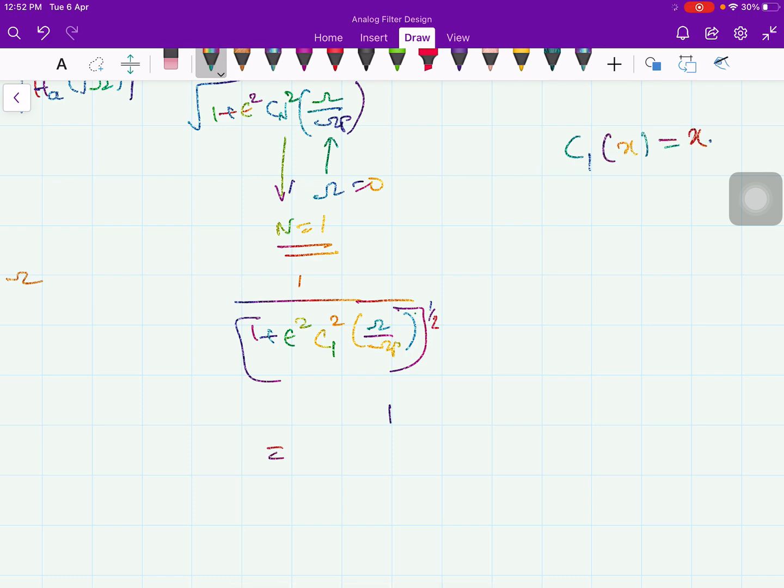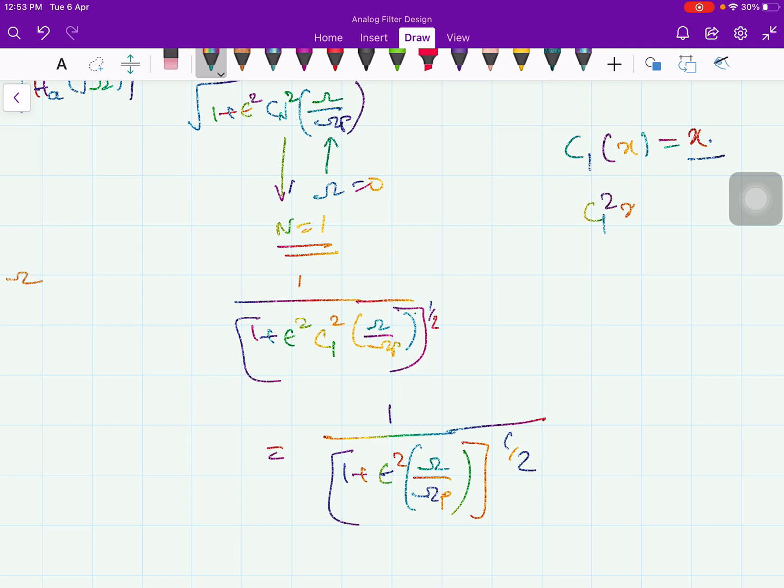So this is 1 divided by 1 plus epsilon square omega by omega p whole to the power 1 by 2. Okay, C1 of x is x, C1 squared of x is x squared.